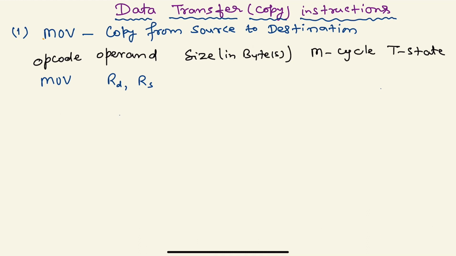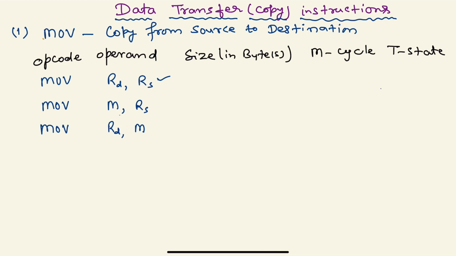Another variation of this MOV instruction is MOV M, Rs, where we take the destination as memory and the source as a source register Rs. Similarly, the next variant is MOV Rd, M, where this side has the destination register and this side has memory. In the first case, it will copy the data from the source register to the destination register.